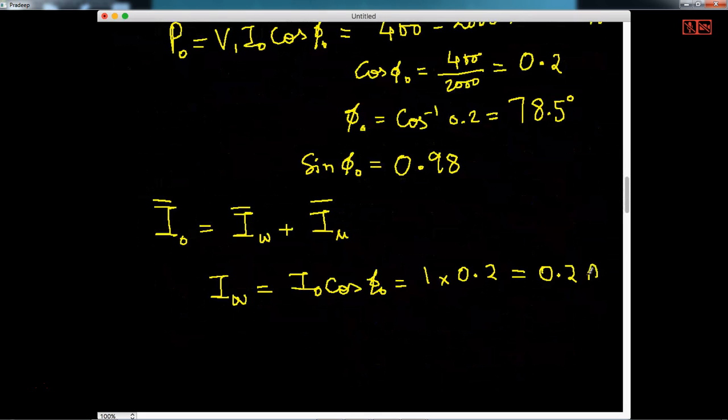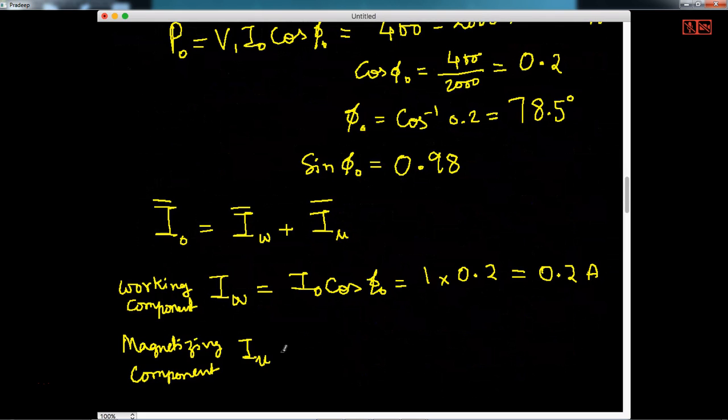This is called the working component. Next, there is the magnetizing component, and as you know, the symbol is I mu.